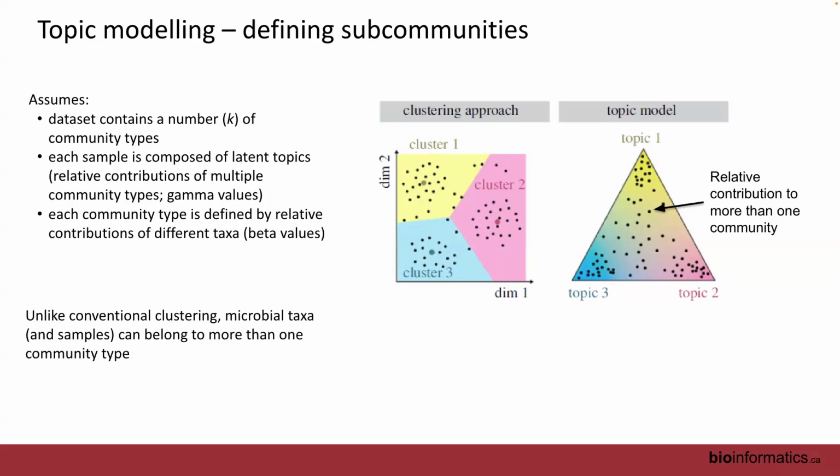And so each taxon is only associated with one clique. What topic modeling enables you to do is to say that an individual taxon can contribute to more than one community, with a probability or a distribution which is defined by how much it's contributing to each of those different topics.